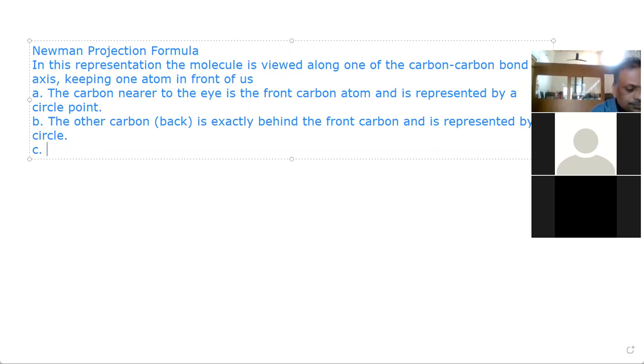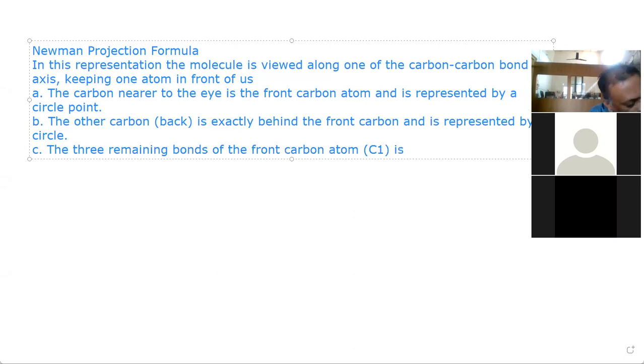The three remaining bonds of the front carbon atom, C1, are drawn up to the center of the circle.